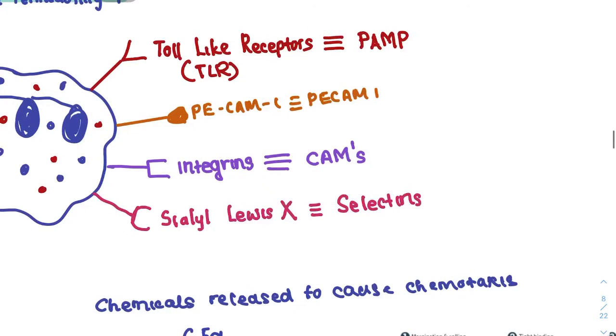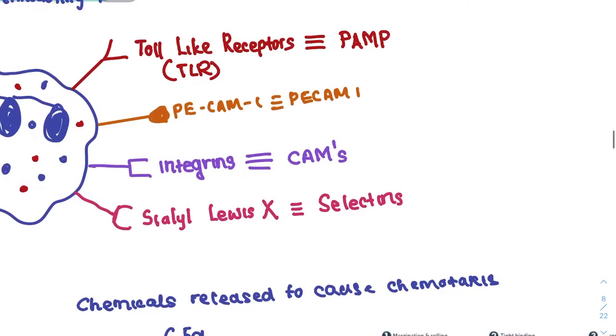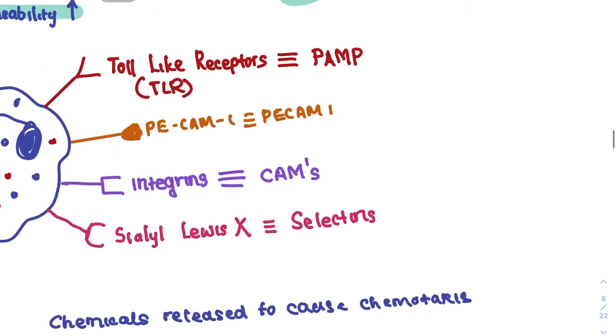Now the things on the left are what's present on the neutrophil, and things on the right are what you find in this case in the blood vessels, the endothelial cells.